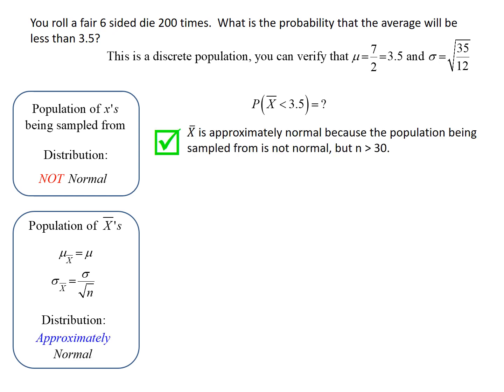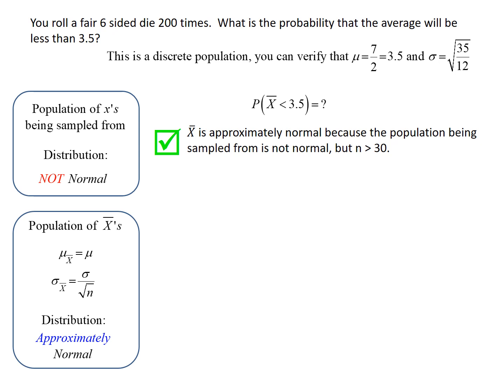The sample size, though, is 200, and 200 is large enough that the central limit theorem applies. So x bar is not normal, but it's close enough that a normal distribution and all the related tools we have will do a good job approximating what's going on with the average of the die. Not the individual rolls, but the average of 200 rolls.